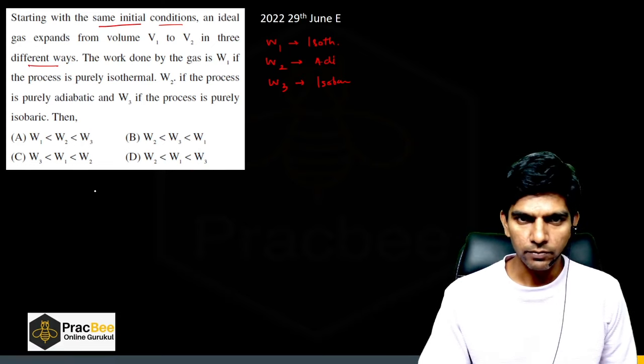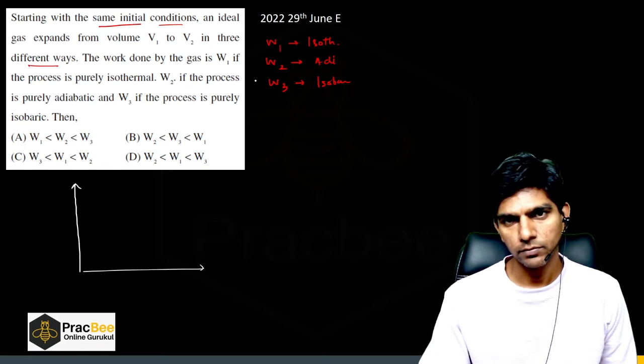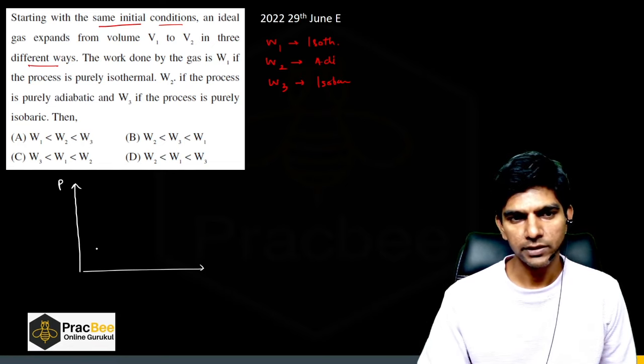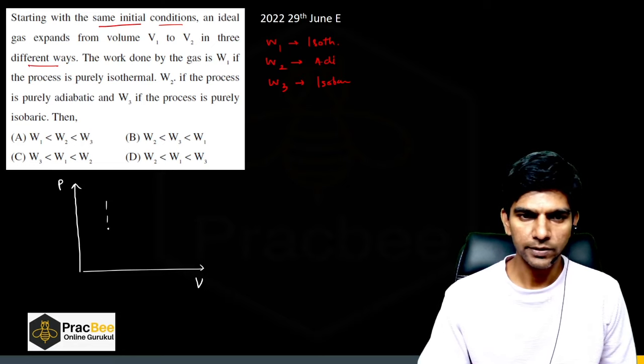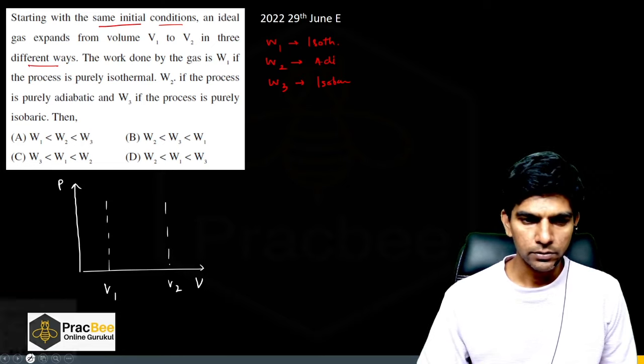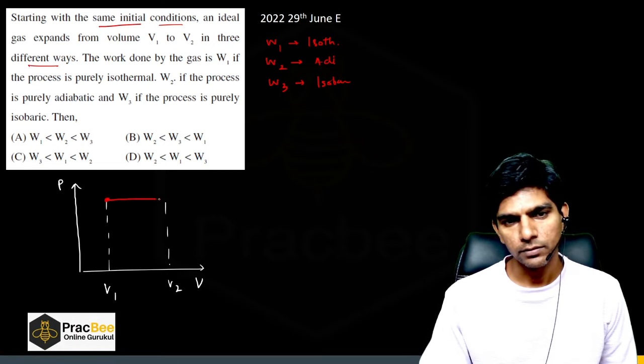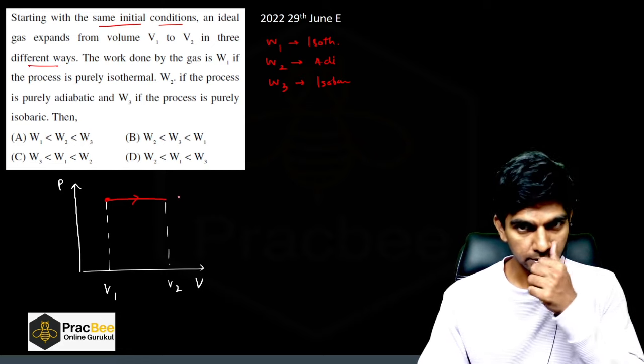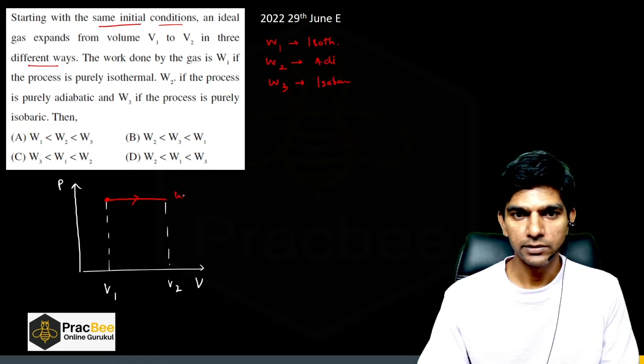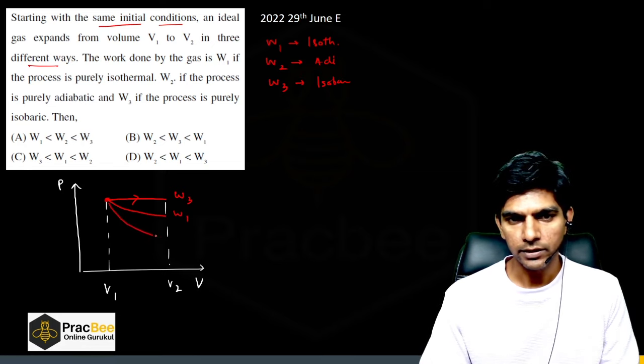Okay, so we have already studied this concept. If I plot these processes, on the y-axis we have pressure, on the x-axis we have volume, and we are expanding from V1 to V2. So this is the starting state. So this is the isobaric process, in this case the work done is W3, then we'll be having isothermal, that will be W1, and then adiabatic, that is W2.